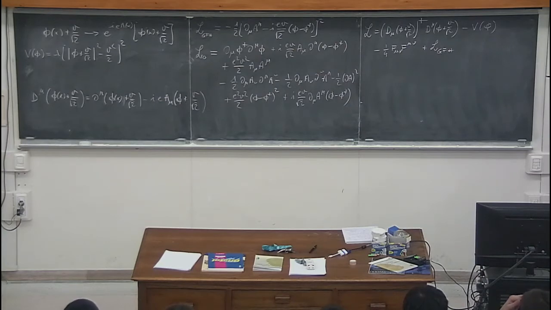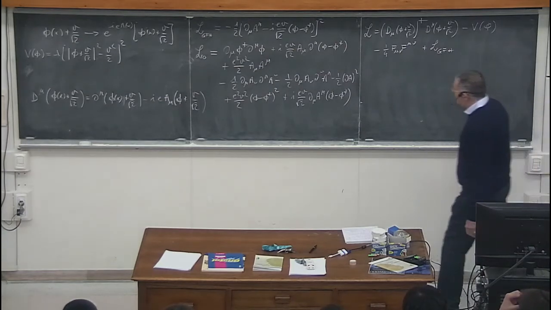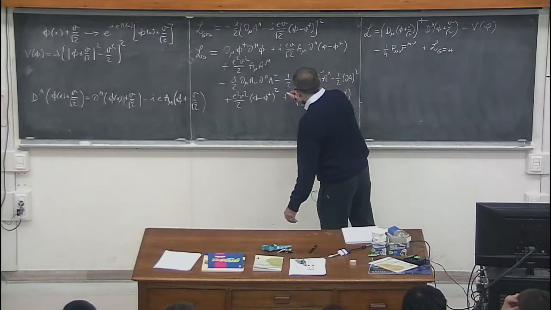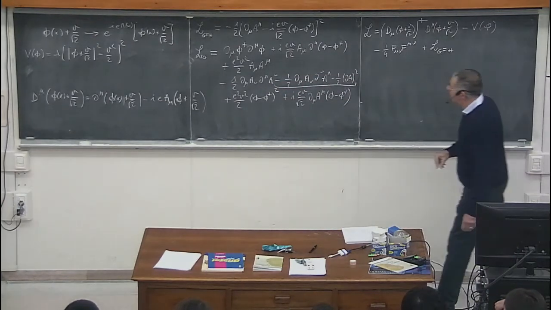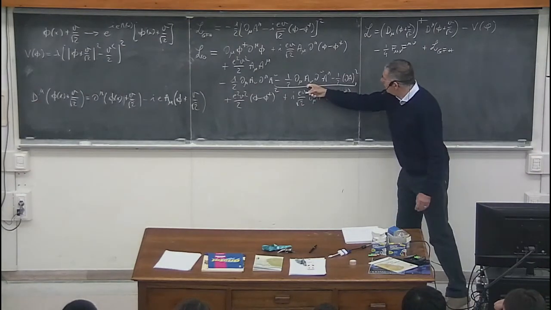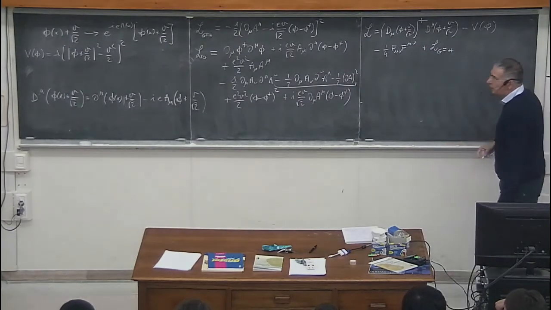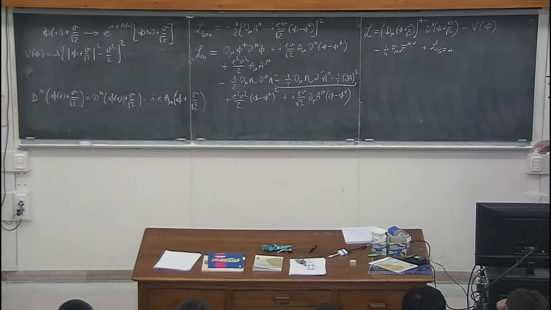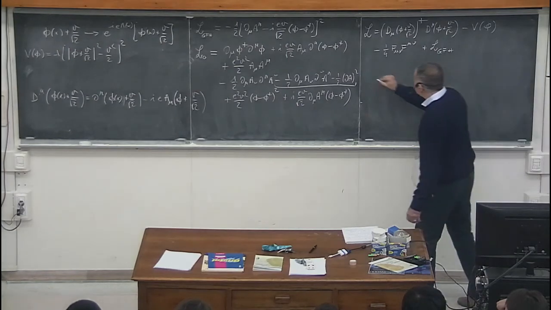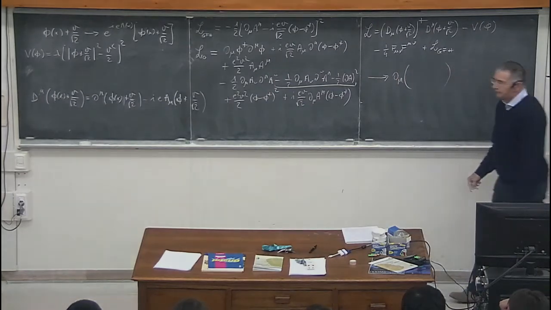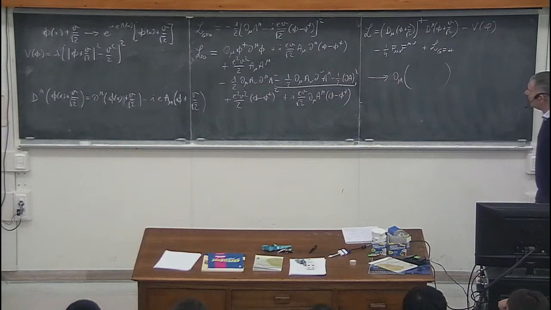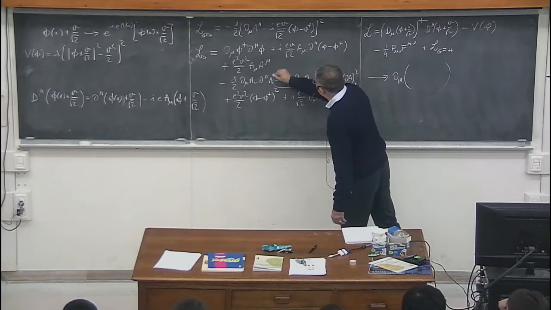So, what happens here? The first interesting thing is that the sum of these two terms, the second term in F mu nu squared and the part of the gauge fixing term which depends only on the vector field, is a total derivative. It's d mu of something. You can prove it very easily. So I can drop it altogether.